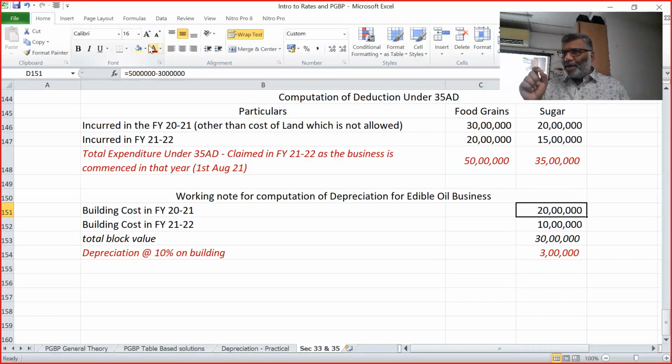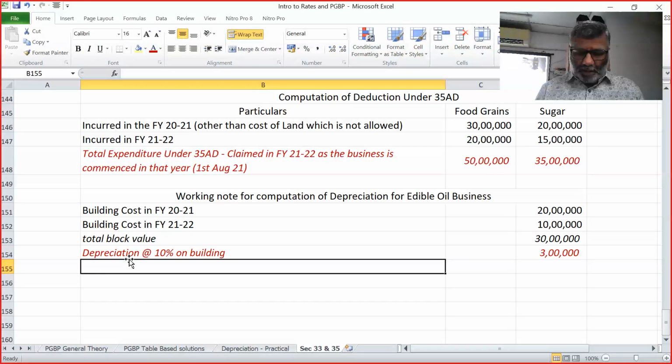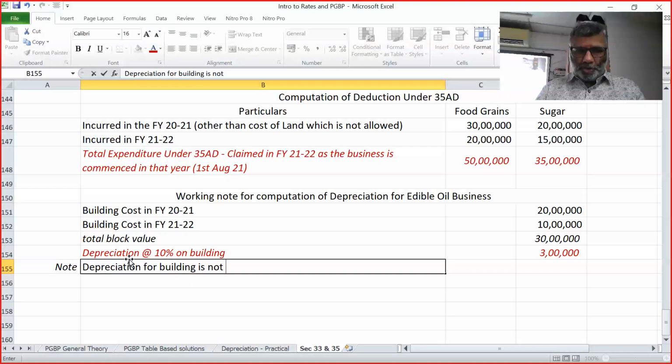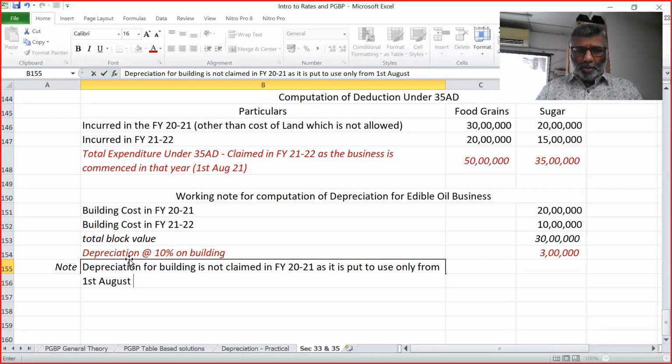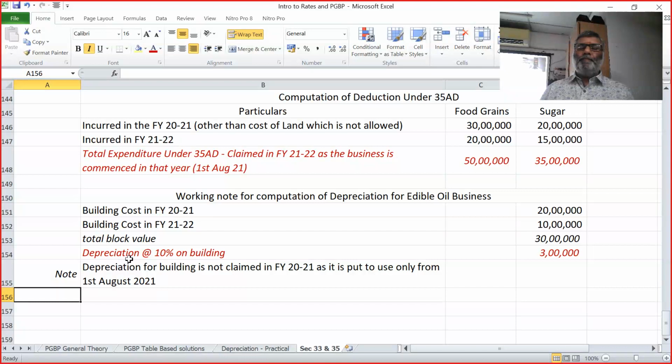I'll write it as a note itself: depreciation for building is not claimed in FY 2021 as it is put to use only from 1st August 21. So only from financial year 21-22 you can claim. That's why I have not claimed.